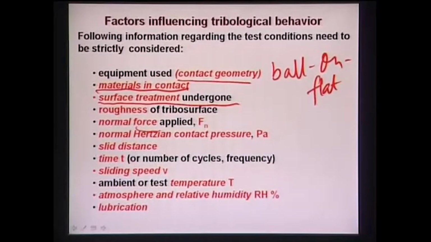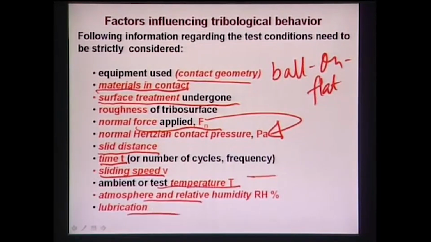The next one is the normal force, Fn, applied on the mating couple. Depending on the normal load, that will form some Hertzian contact diameter, and you can find out the Hertzian contact pressure at the tribo couple, the time duration, the total sliding distance, the sliding speed, the ambient or test temperature, and atmosphere and lubrication. These are all called the operating parameters.